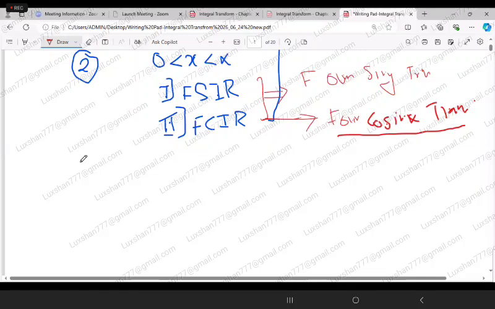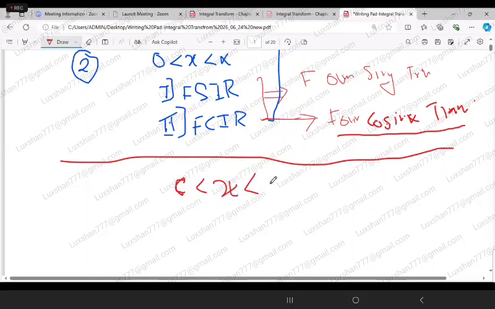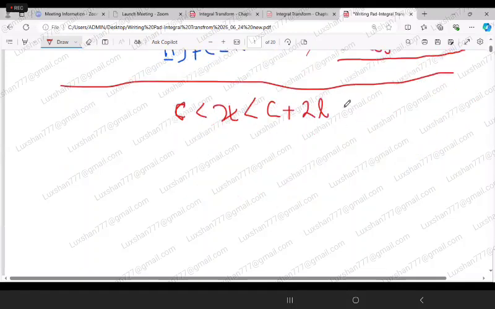Now we have a situation where the range is c less than x less than c plus 2l. This is a finite range.